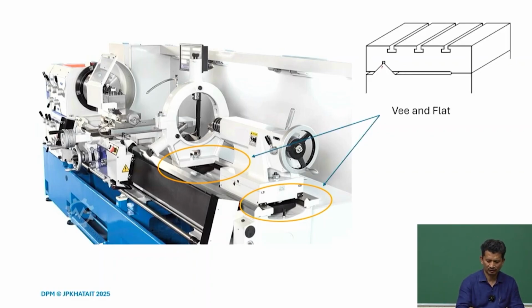So, it's supported on V and flat here, and what we can see here is there is one V here and one flat is supported here. At the same time again here we see a V and flat. So, I think what is the basis? Why do we need to have V and flat? I think these are the things we need to understand, and whenever we design things for precision or for even normal applications, we have to take care of these things.